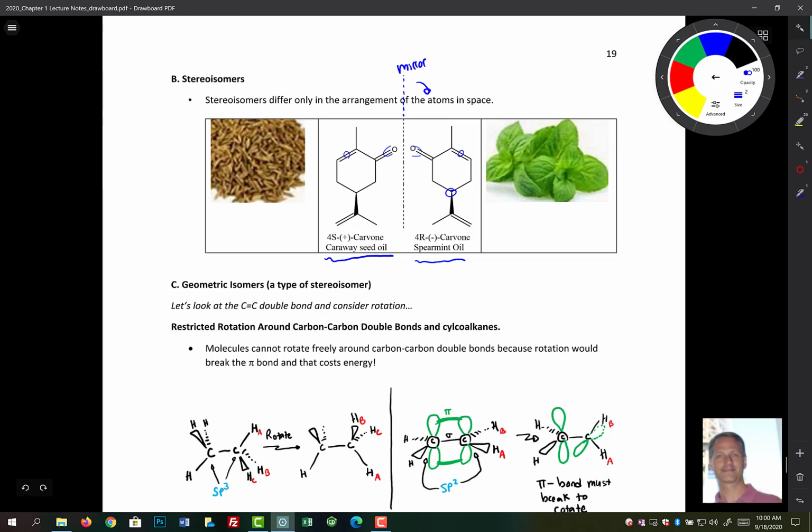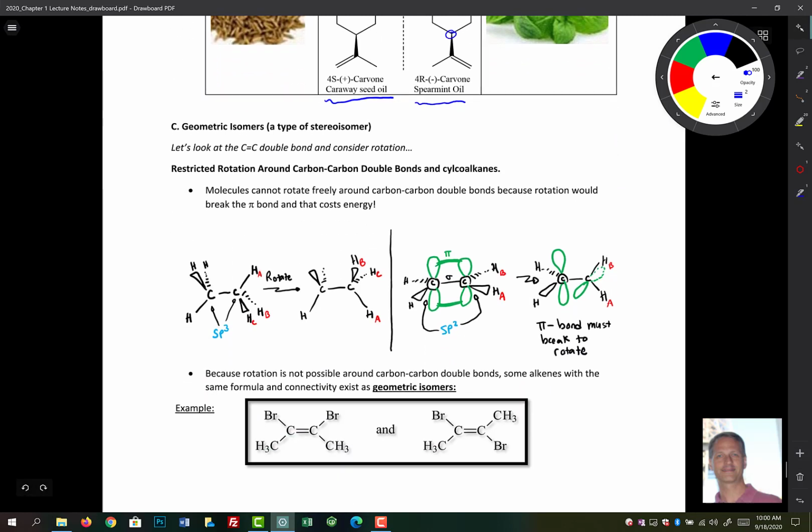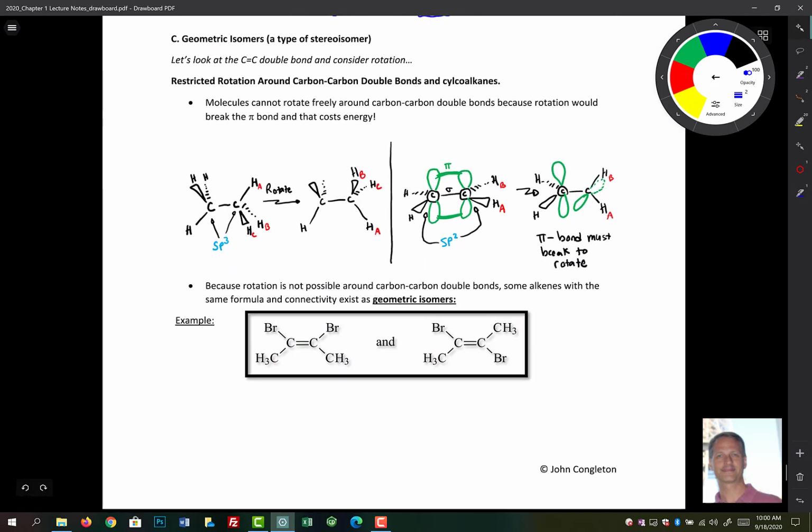Now, the other type of isomerism that we have here is called geometric. This is one of the last ones that we're going to look at here. So geometric isomerism is caused by a restriction in rotation. And that can occur from two things: carbon-carbon double bonds and cycloalkanes, which simply means that you have carbons connected in a circle.